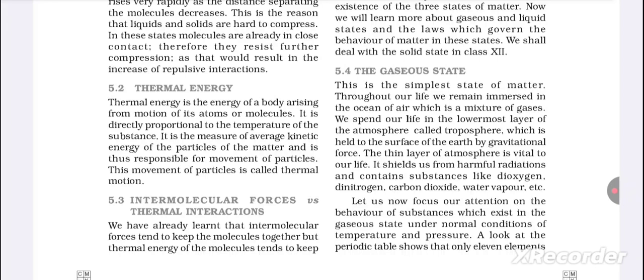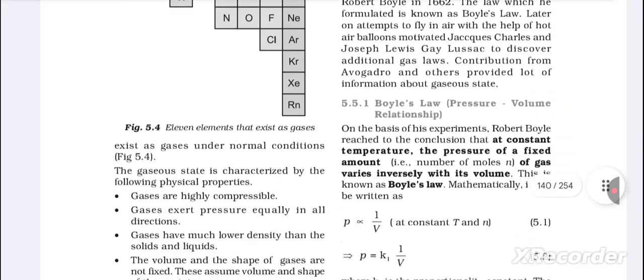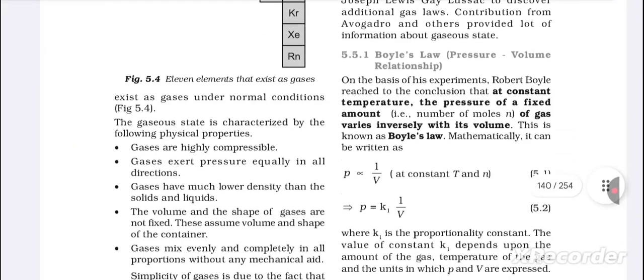attention on the behavior of substances which exist in the gaseous state under normal conditions of temperature and pressure. A look at the periodic table shows that only 11 elements exist as gases under normal conditions. The gaseous state is characterized by the following physical properties.